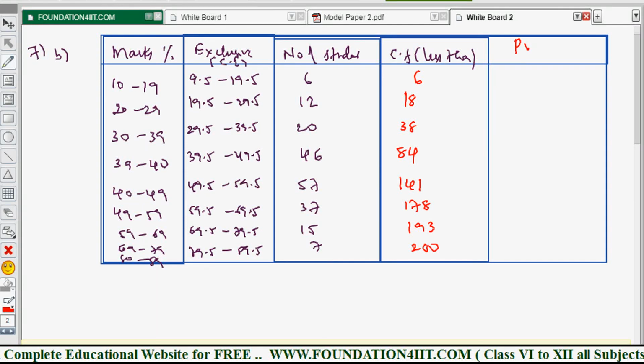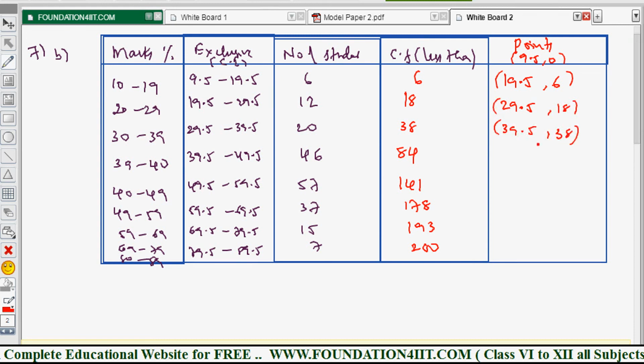Then we can make the points. These points only should be plotted on the graph. So starting is 9.5 comma 0, because it does not start from 0. Next, whenever it is less than cumulative frequency, I use the upper limit 19.5. So 19.5 comma 6 and 29.5 comma 18. Next 39.5 comma 38.